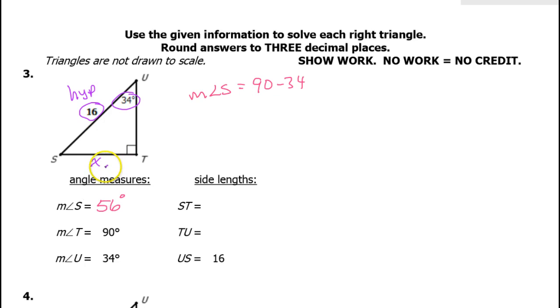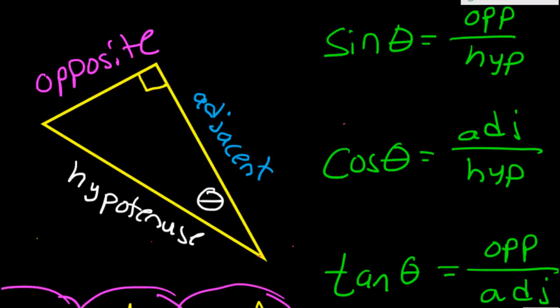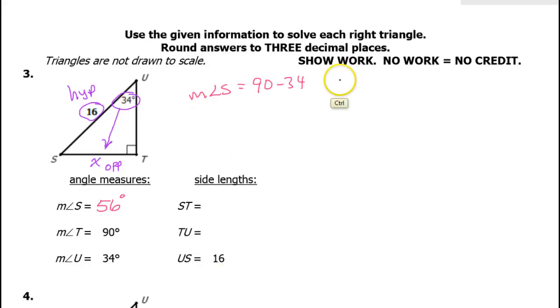Now this X is the opposite leg, right? Because it's across from the 34. So we have opposite and hypotenuse. Which trig function is that? That's the sine function. So that tells me to do sine of 34 is equal to opposite over hypotenuse, x over 16.